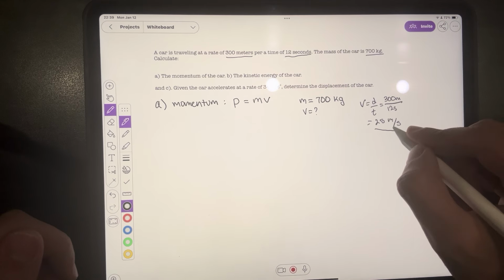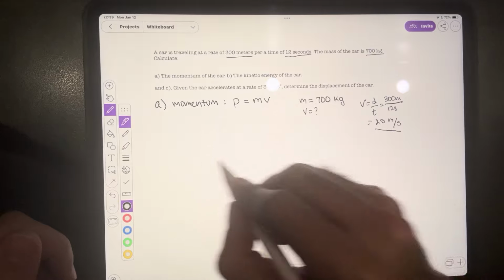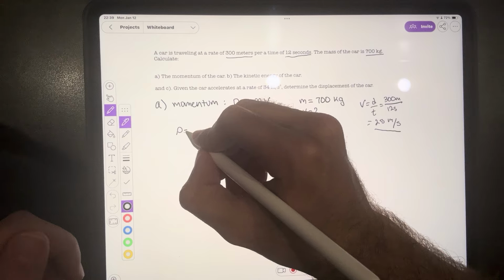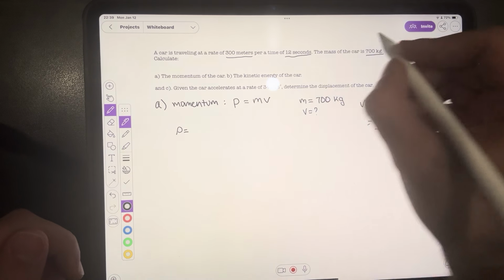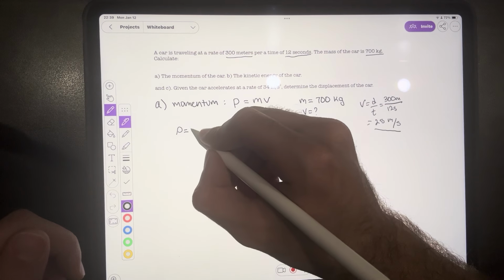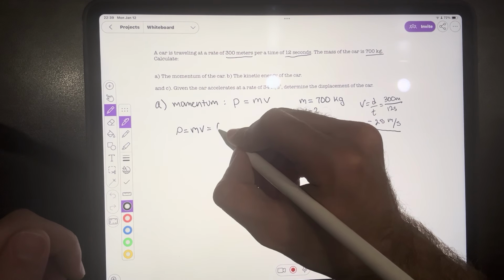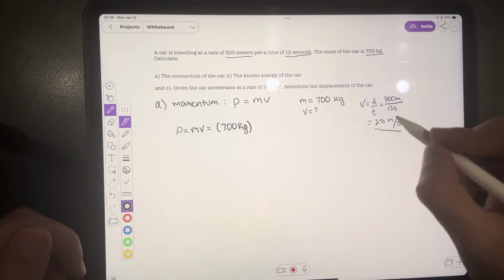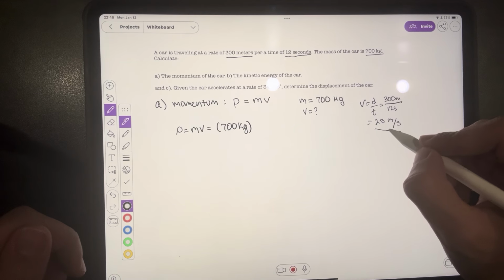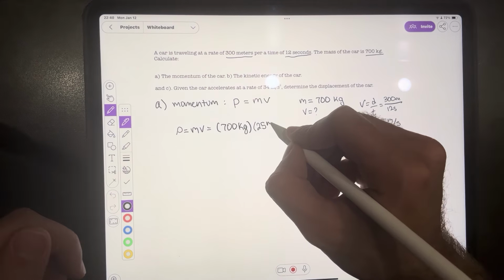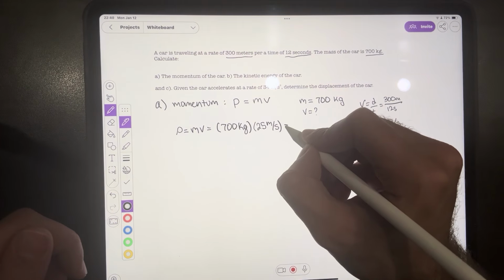This gives us our velocity, but we're not done yet because we need to determine now the momentum. So then the momentum is equal to the mass, which is, as we know, 700 kilograms, times the velocity, which is the value we just determined, 25 meters per second.